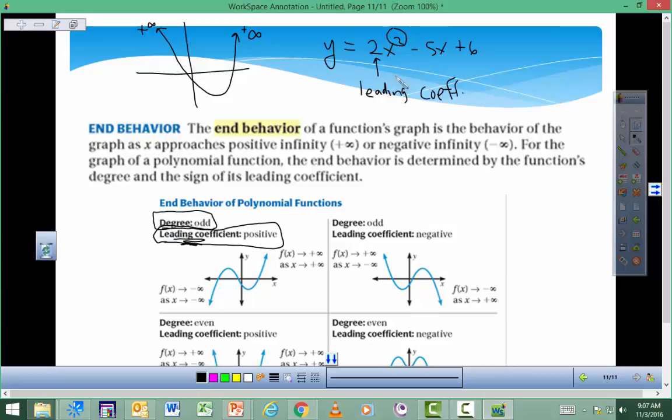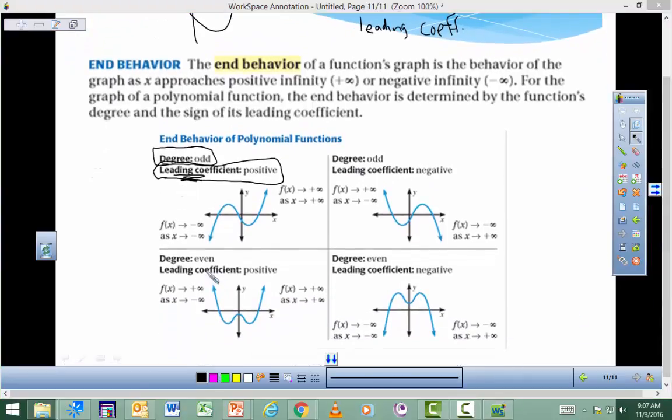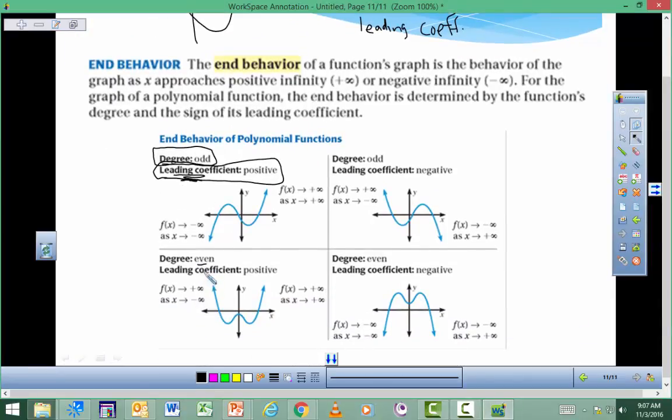This is even, right? So do we have degree odd on this one? No. The scenario that we're looking at for parabolas is like this one. It's an even one, so both sides either both go up or both sides go down. Does that make sense? And that happens on degree even. If you have an even polynomial, the end behavior will be either both up or both down.